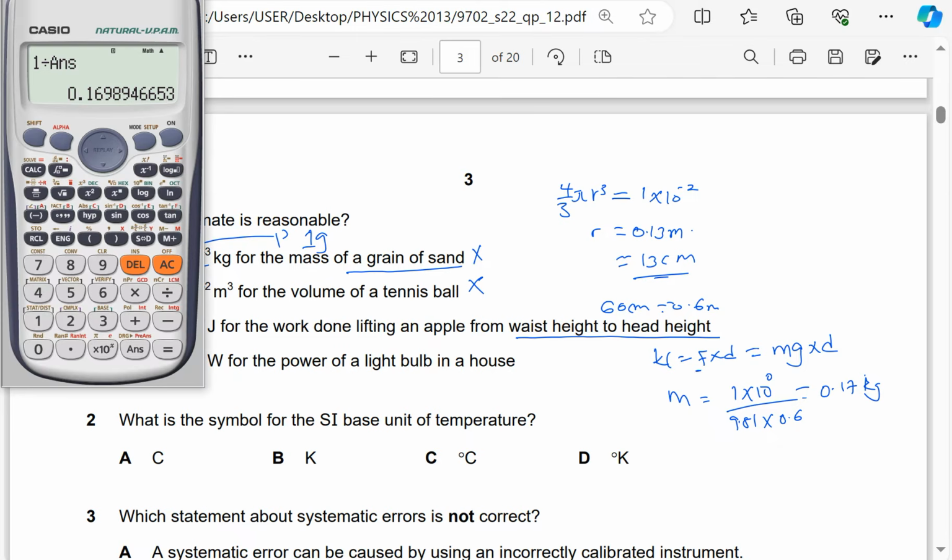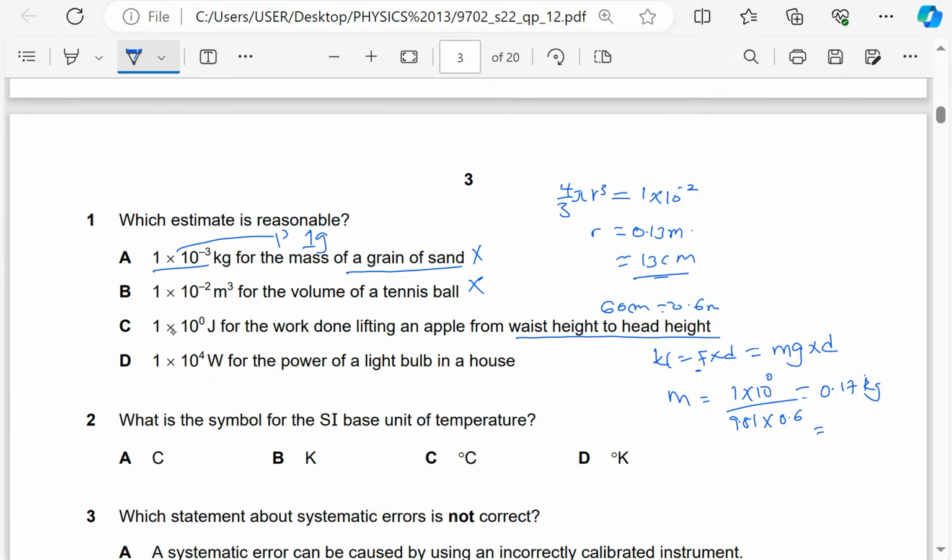When I multiply this by 1000 to change it to grams, that is approximately 170 grams. Approximately 170 grams for the mass of an apple. That is reasonable. So I think this is going to be a good estimate. Approximately 170 grams for the mass of an apple is a reasonable mass. So it is most likely going to be C.